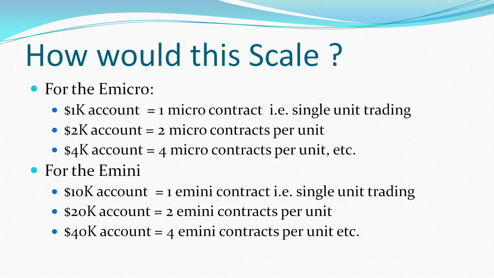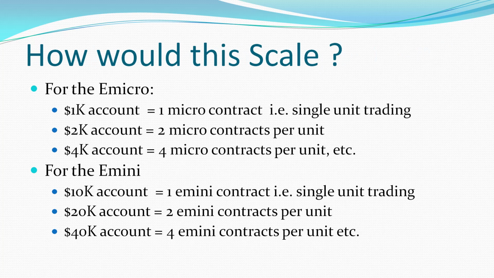So for the E-micro, a $1,000 account, you should be trading single unit trading, right? And you should be trading one micro. If you have a $2,000 account, and you chose to trade multi-units, you could trade 2 micro contracts per unit, and it just scales up. $4,000 account, you could trade 4 micro contracts per unit, etc. Now I chose just to use the even numbers.